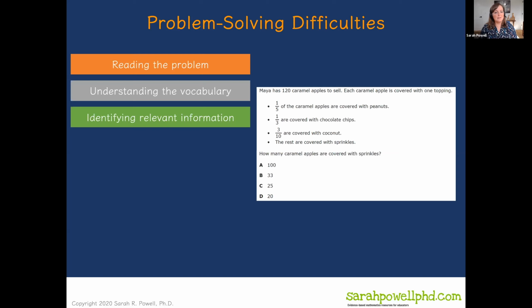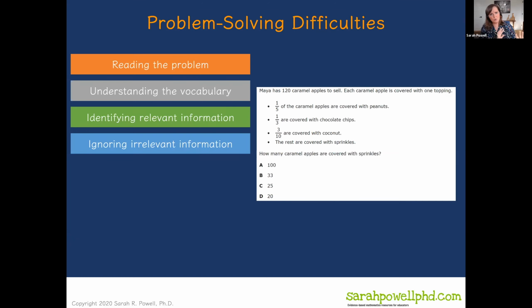So beyond that, we have to identify the relevant information. So what information do we need to solve this problem? We also have to think about, well, what information can I ignore? Sometimes there is information that's provided in a problem that's not necessary for the problem solution. So are students good at finding the relevant information and ignoring the irrelevant information?